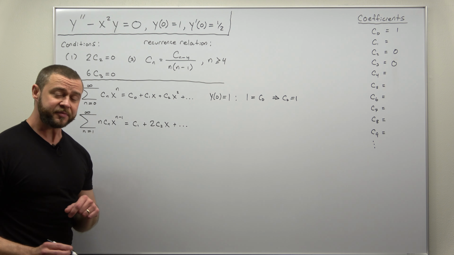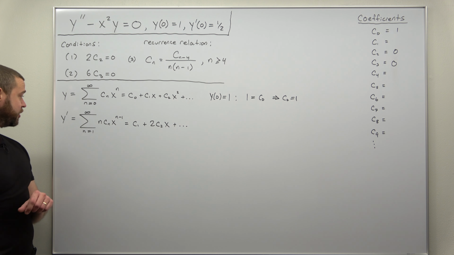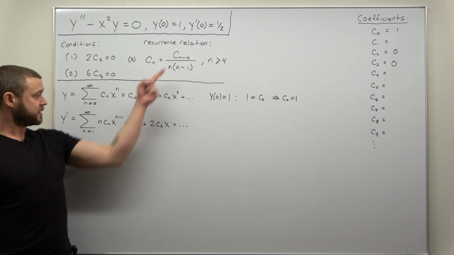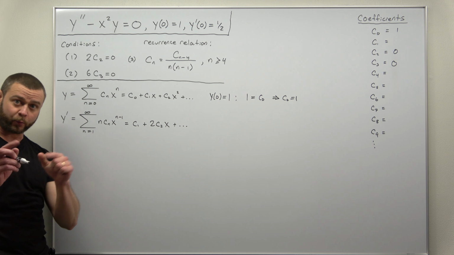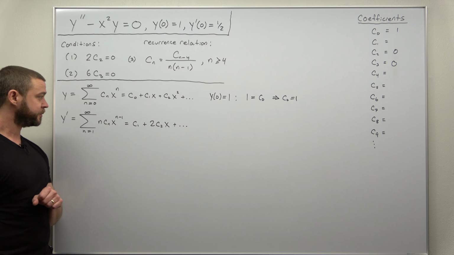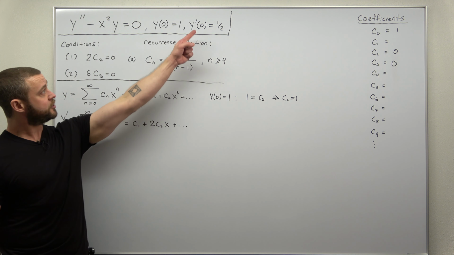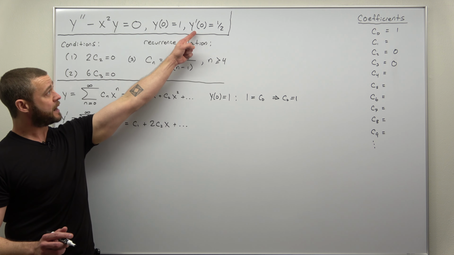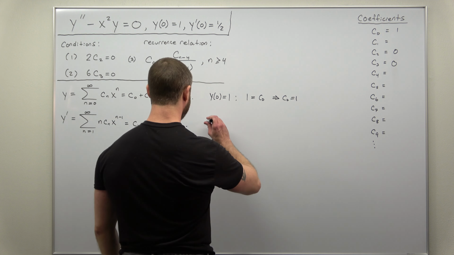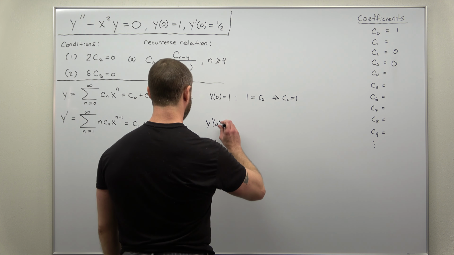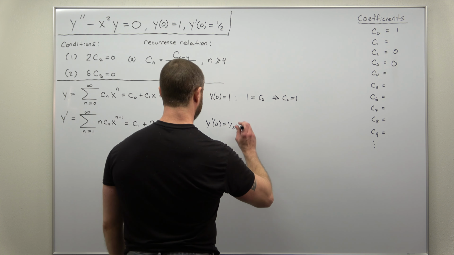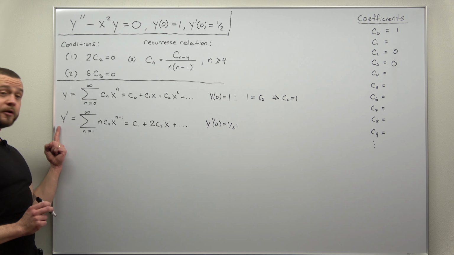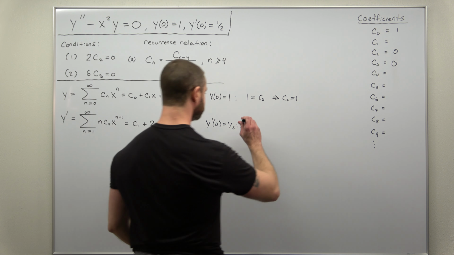And we're going to do the same thing with our derivative initial condition, but now we're going to plug that into the power series for y prime, the derivative. Our initial condition here is the derivative y prime of 0 equals a half. So our derivative value on the left is a half.